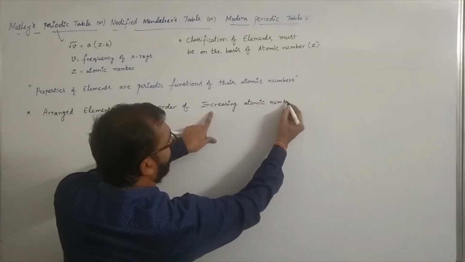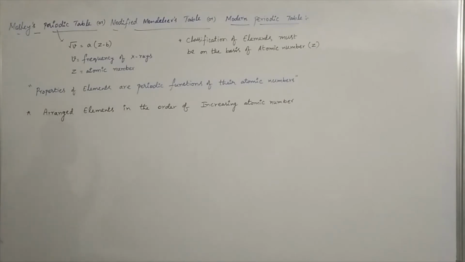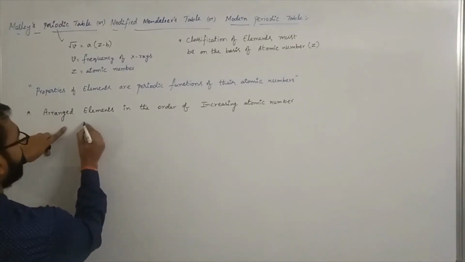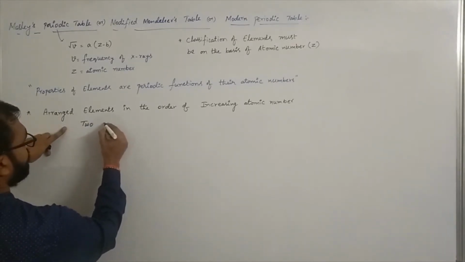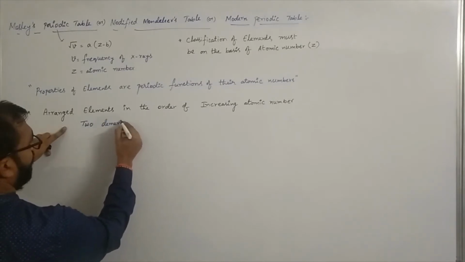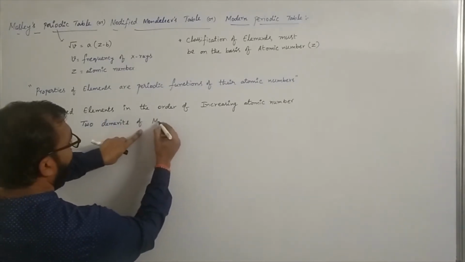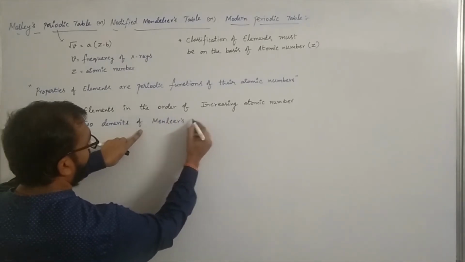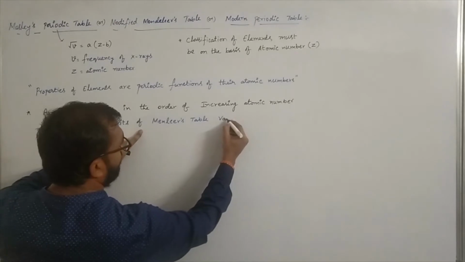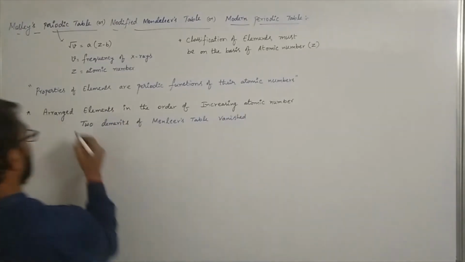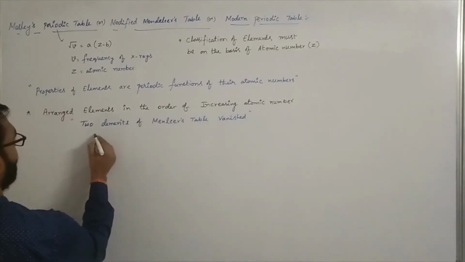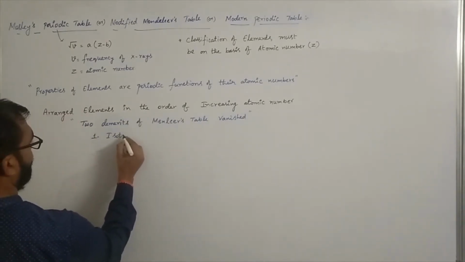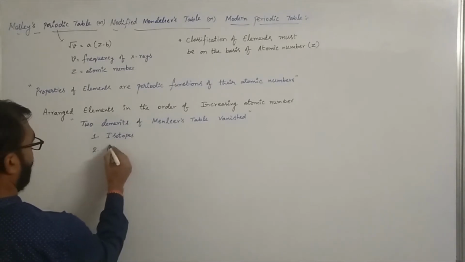Because of this principle, two limitations or demerits of Mendeleev's table vanished immediately. One, isotopes. Two, anomalous pairs.